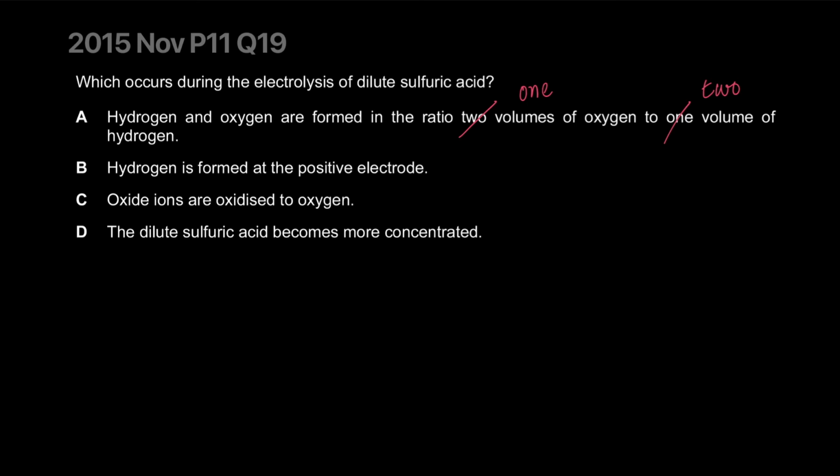Hydrogen is formed at the positive electrode. Let's see if that's true. To produce hydrogen, you need hydrogen ions, which need electrons to turn into H2, right? And this gain of electrons will only happen at the cathode because that has an abundance of electrons. So this is wrong as well.